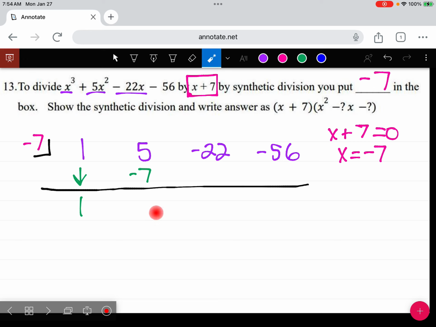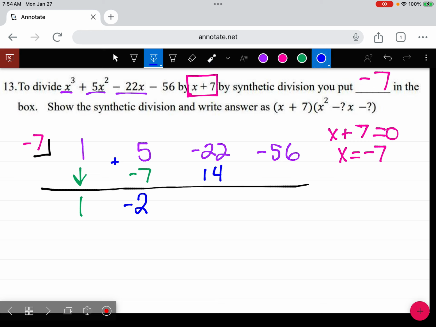What do I do next? Because we add these guys together. 5 plus -7, or 5 minus 7, we get -2. Which means what's going to go here? +14.